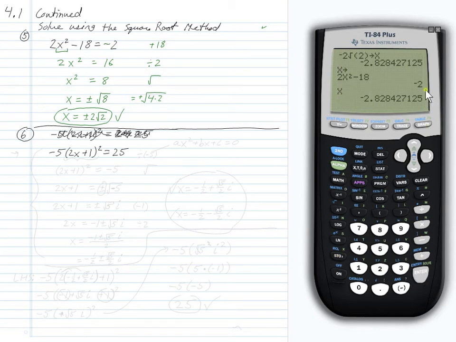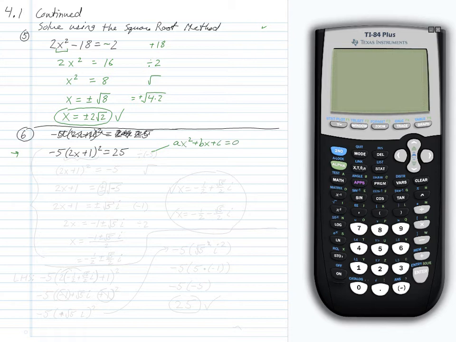So here we see one final equation, problem number 6, which does not immediately jump out as a quadratic. If you multiply this all out and get one side equal to 0 and simplify, you would see that this is quadratic. It can be written as ax squared plus bx plus c equals 0.